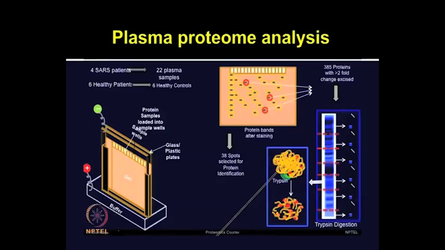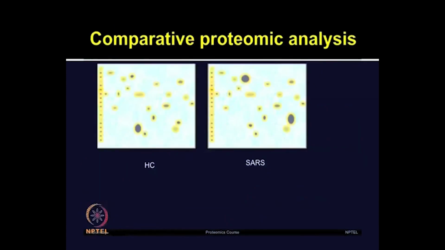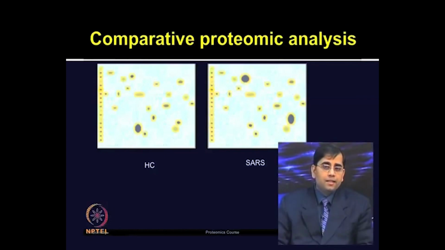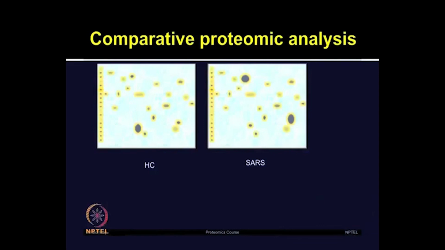Differentially expressed proteins were further subjected to in-gel trypsin digestion followed by mass spectrometry. The comparative proteomic analysis of these 2D gels revealed that 38 protein spots were differentially expressed, with more than two-fold change. Out of these spots, 35 proteins were upregulated and 3 were downregulated.